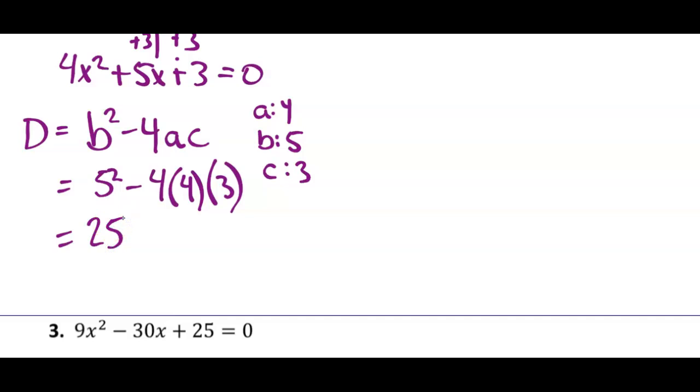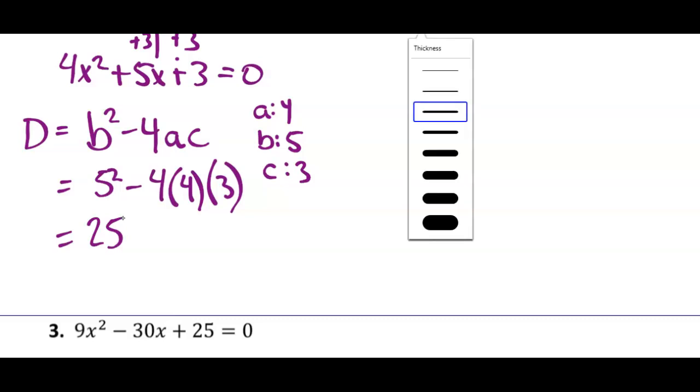Negative 4 times 4 gives me 16. And 16 times 3 gives me 48, but it's going to be negative, so negative 48. So 25 minus 48 gives me what? I'm hoping you said negative 23 also.